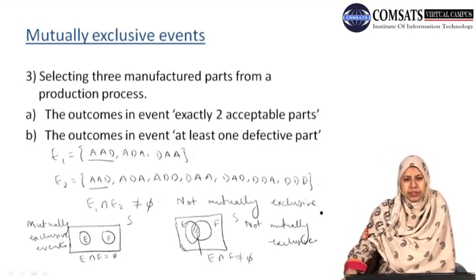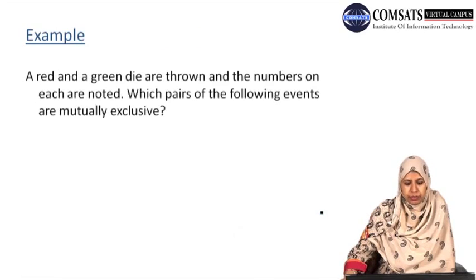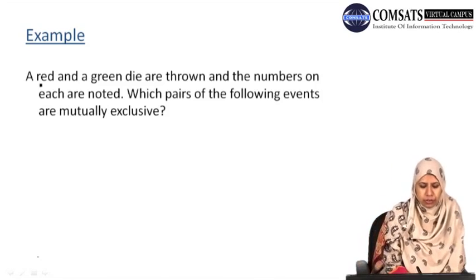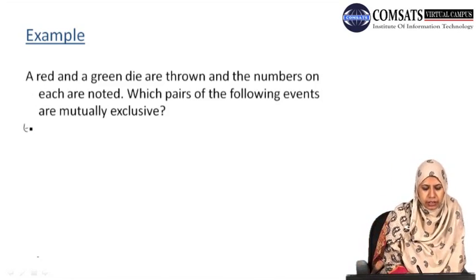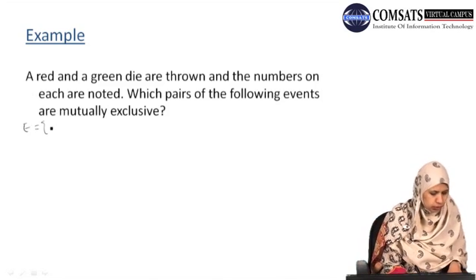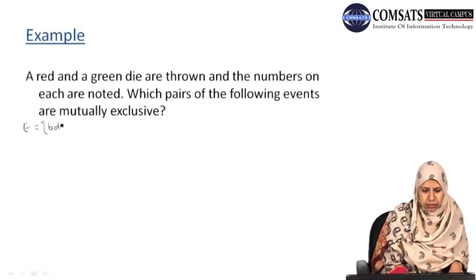We consider one more example of mutually exclusive events, in which a red and a green die are thrown and the numbers on each are noted. Then which of the following events are mutually exclusive or not? The first event is that both the numbers on each die are even.